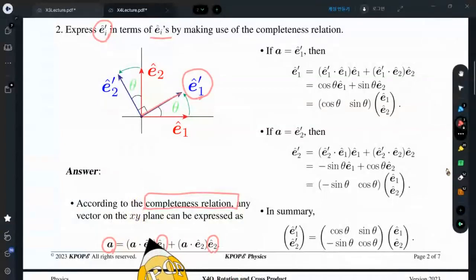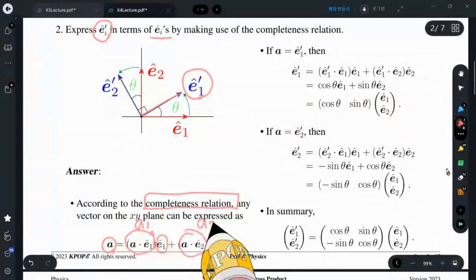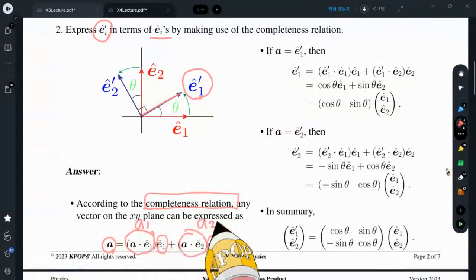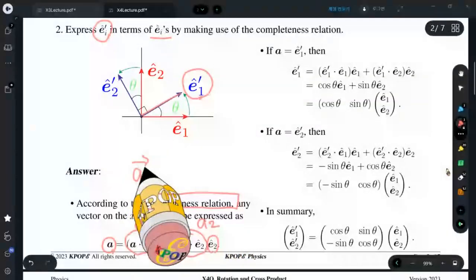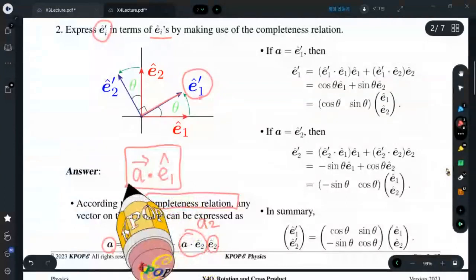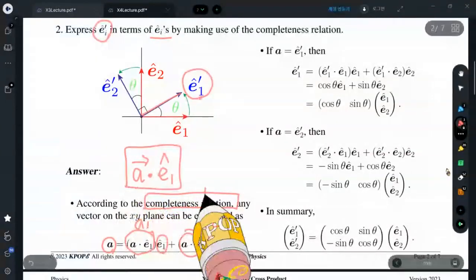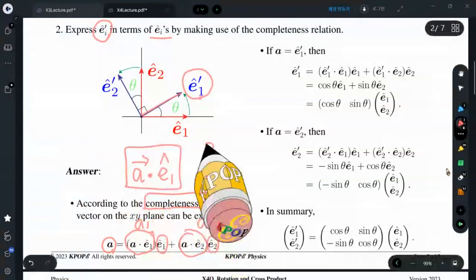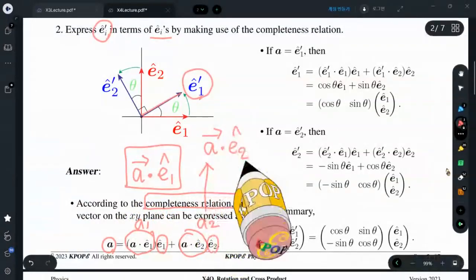And its coefficients are called A1 and A2. They are Cartesian components. Any Cartesian component can be obtained by taking the scalar product with a unit vector along that axis. A2 can be obtained by taking the scalar product with the unit Cartesian basis vector along the y-axis.